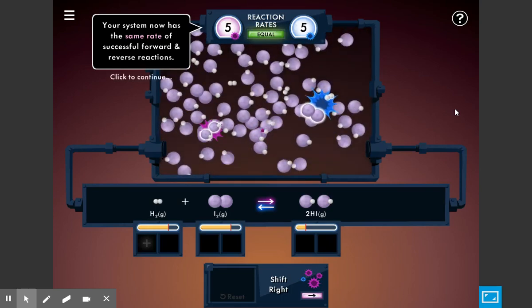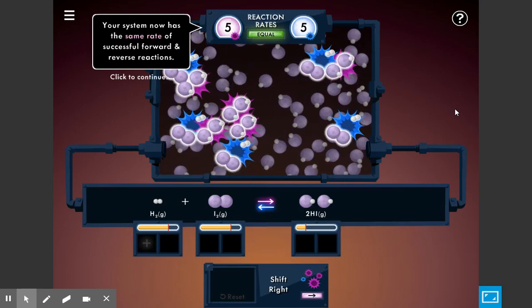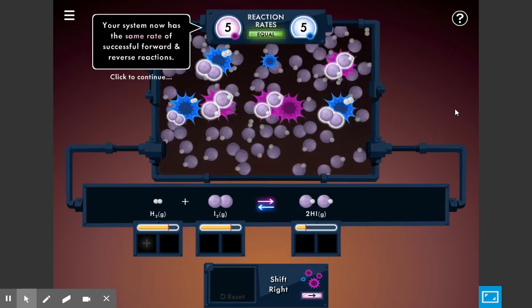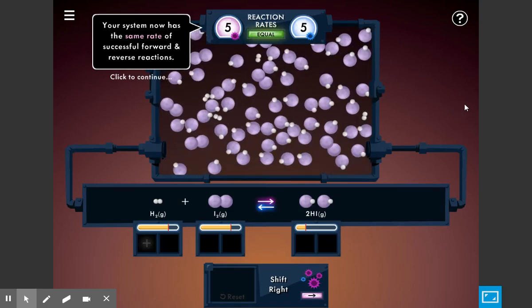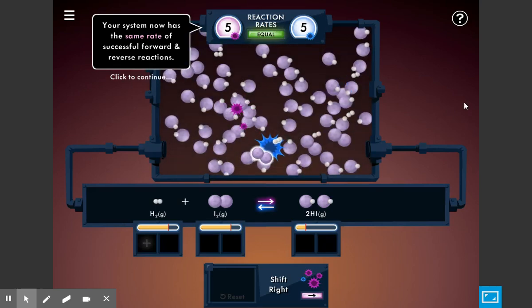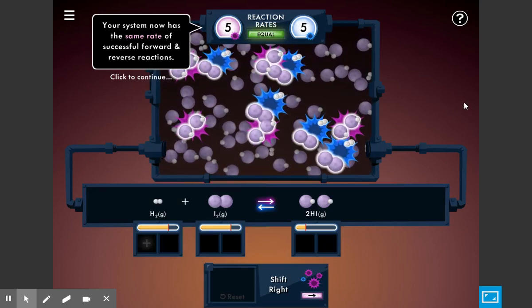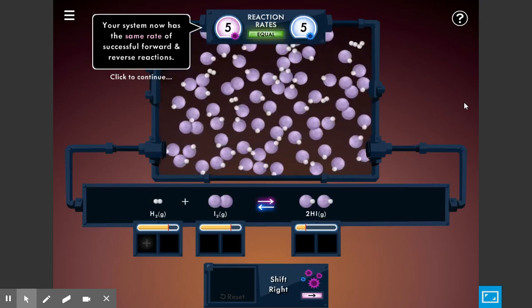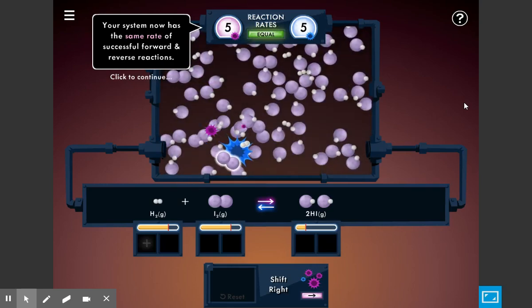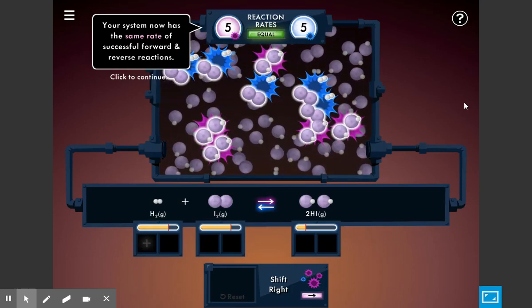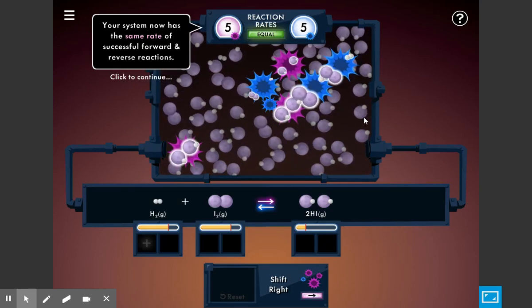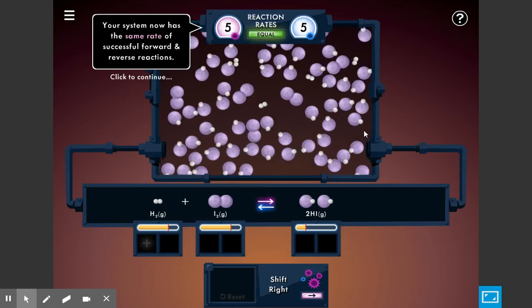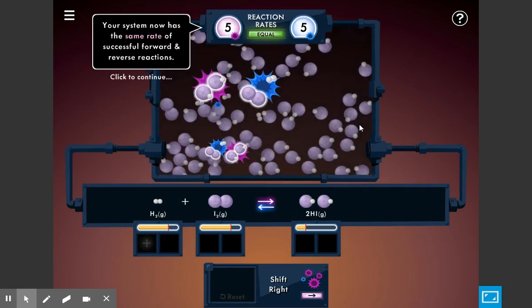Now, the same rate, both in the reverse and forward direction, has been reached. We are at equilibrium. Notice equilibrium, as I mentioned, means we did not stop the reaction, but we are reacting in both directions at the same rate, so there's no net change. You'll see if we were able to pause this each time, there are 5 of each pink.